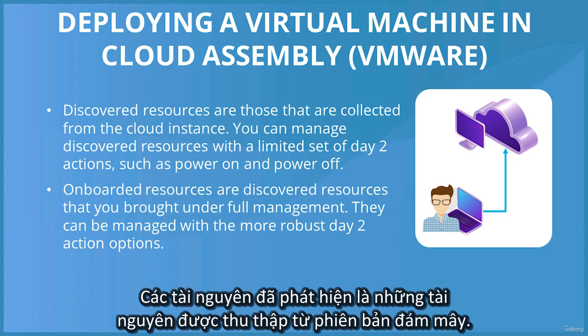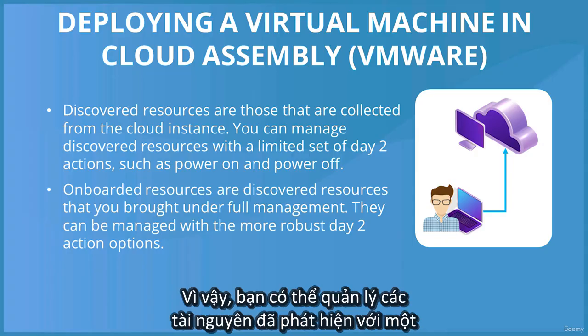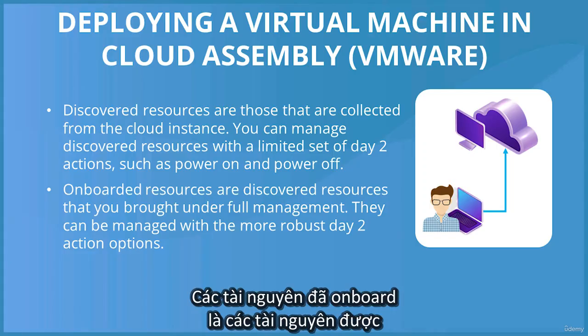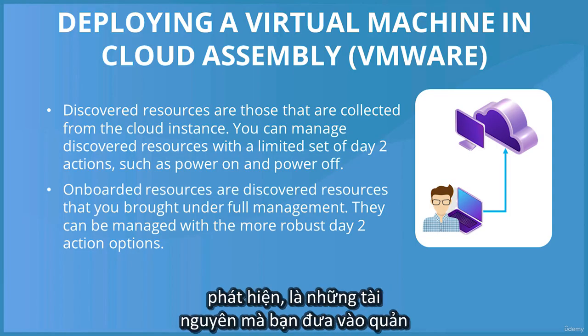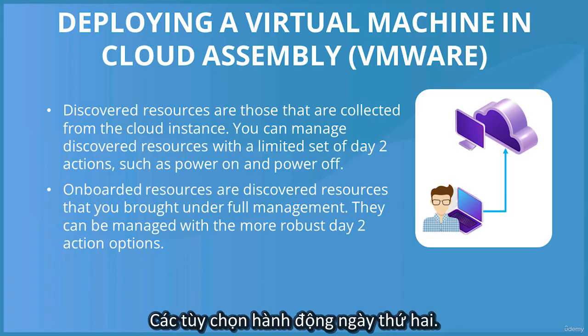Discovered resources are those that are collected from the cloud instance. You can manage discovered resources with a limited set of day 2 actions, such as power on and power off. Onboarded resources are discovered resources that you brought under full management, and they can be managed with more robust day 2 action options.